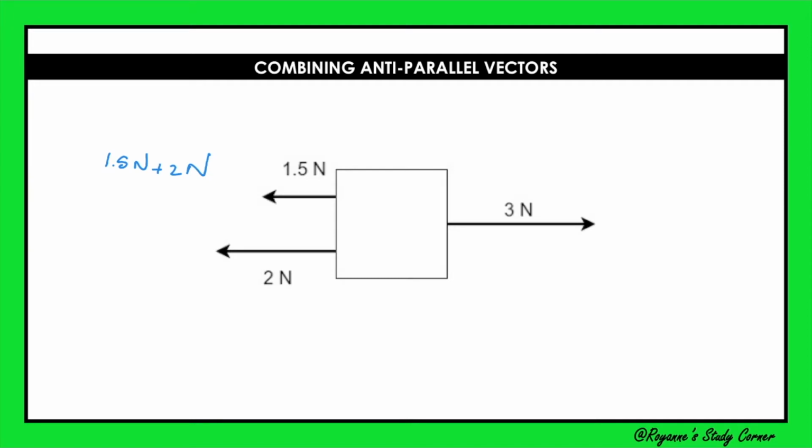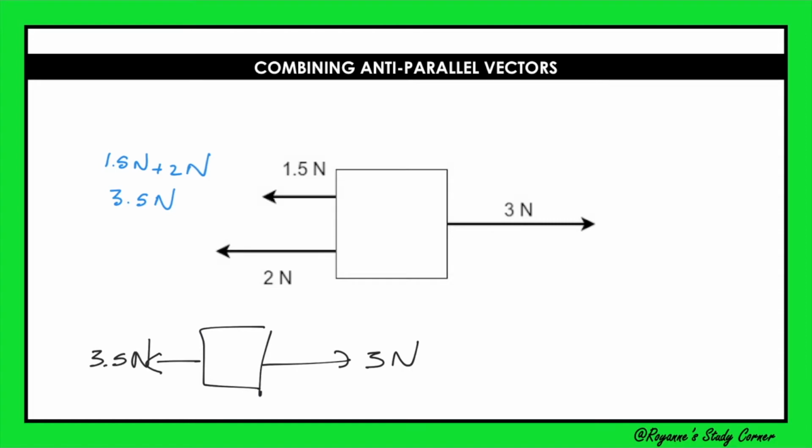They're acting in the same direction, so it doesn't make a difference with signs because it'll be the same sign anyway. So this gives us 3.5 newtons. So if we redraw this underneath, it means we have 3 newtons in this direction and 3.5 newtons in this direction.